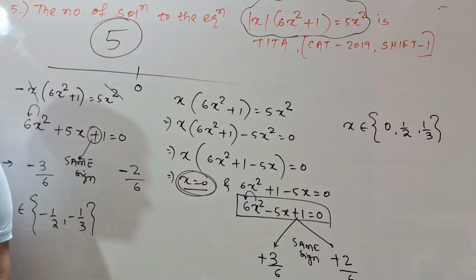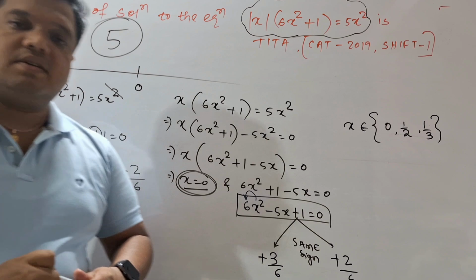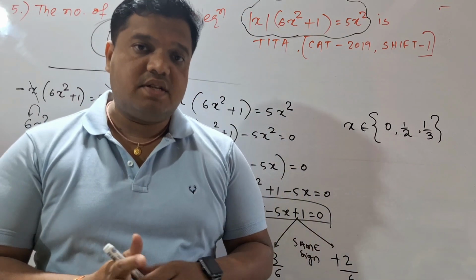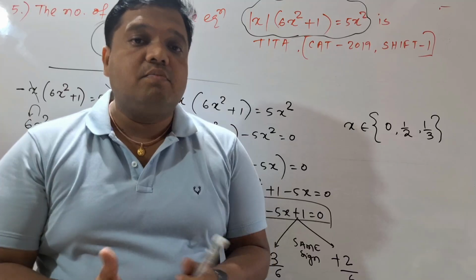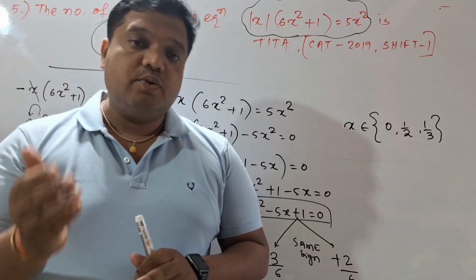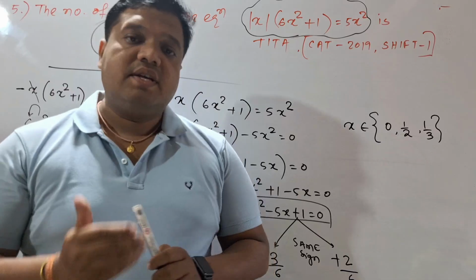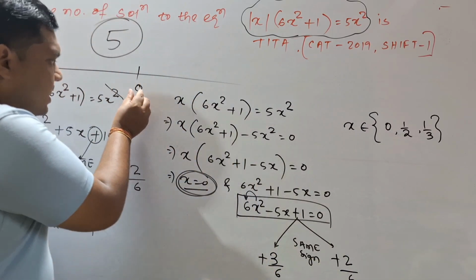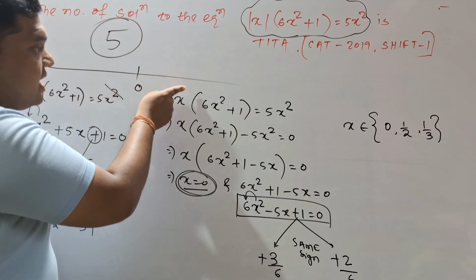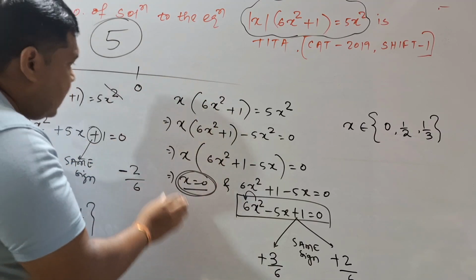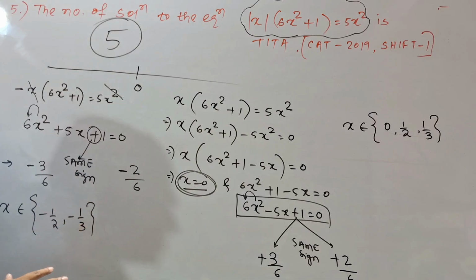Are you clear? So till now we discussed 3 concepts. First one is definition based: how to write the modulus. Modulus means the distance from the origin. Then we discussed the distance formula. Then we discussed how to open the modulus: find the critical point; towards the right of the critical point, mod opens with positive value, and towards the left, mod opens with negative value.